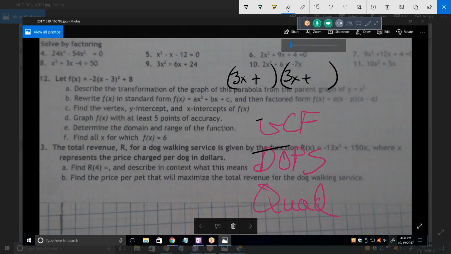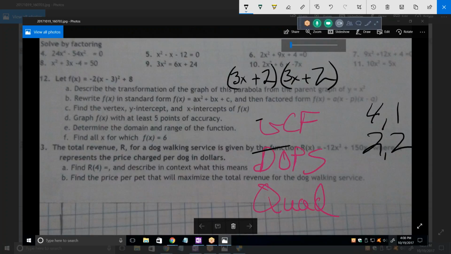Remember, it's trial and error. There's only two sets. There's 4 and 1, and there's 2 and 2. Always start with the two that are closest together and see if that works. Does that produce 12x as a middle term? Yes. Bingo, we got it on the first guess.